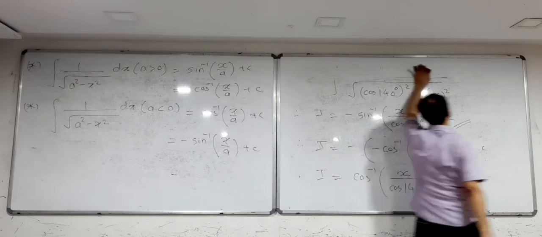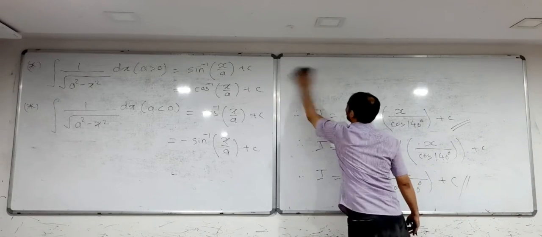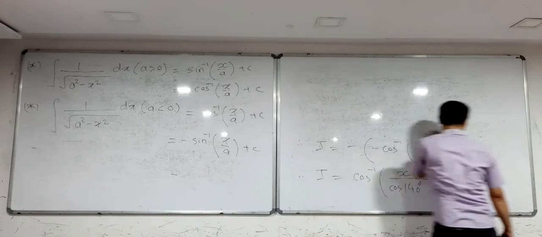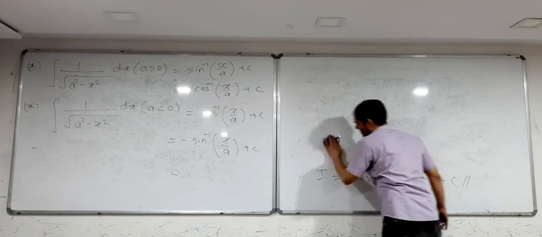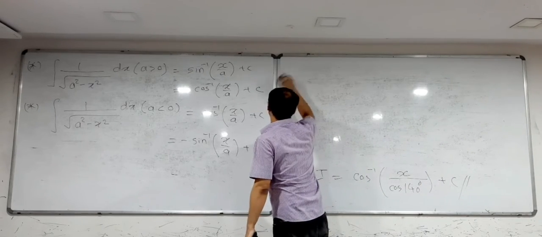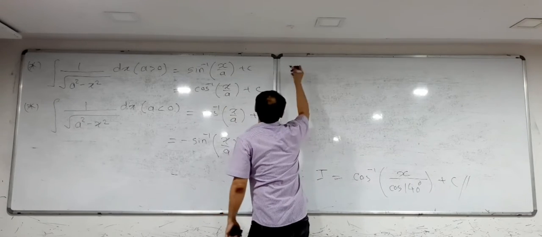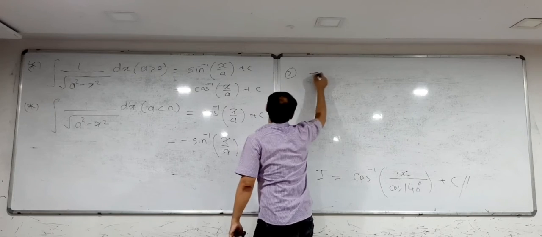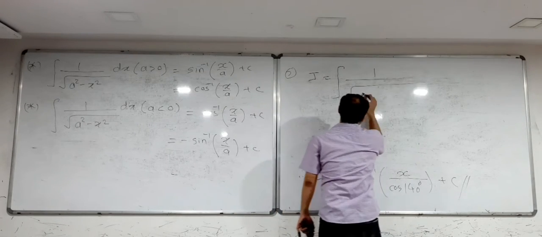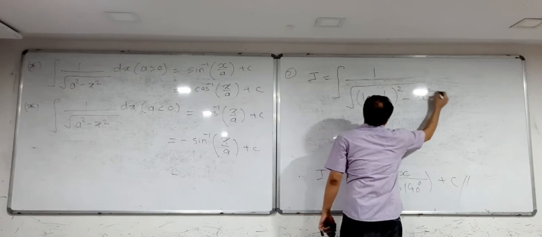The question which was asked is from one of the AIEEE exams, JEE Mains maths, I believe in 2015 or 16, in the online paper, and it has also come in one of the entrance exams. So I is the integration of 1 upon square root of log of half whole square minus x square dx.